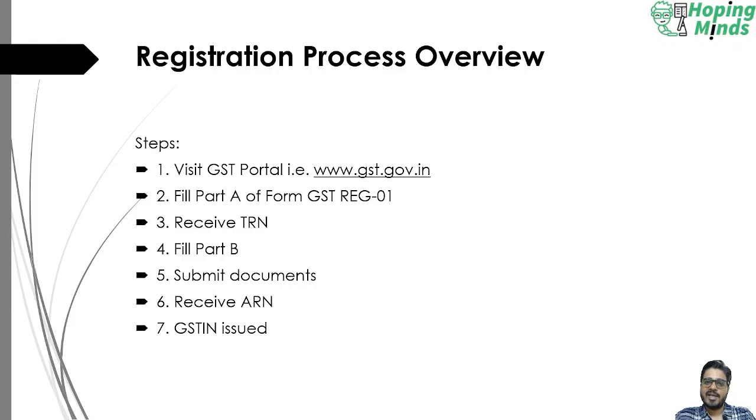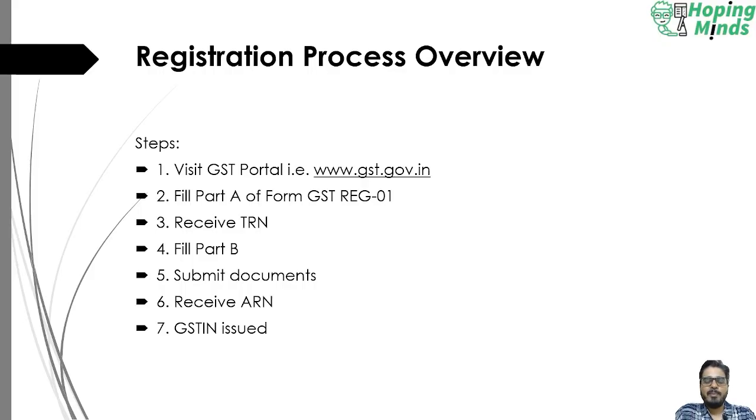Once the form is completely filled up, we submit the form using the OTP sent on the mobile number and email ID furnished in the form itself. Once the OTP is submitted successfully, we receive a TRN, that is temporary reference number.